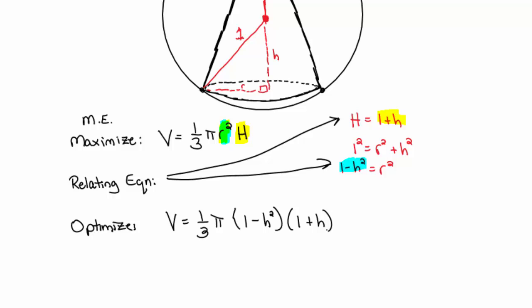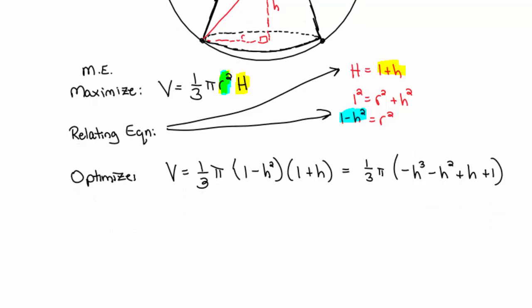And now notice there really are only two variables in this equation, a capital V, which we want to find the maximum of, and little h. And you can clean this up a little bit. This is the same thing as 1/3 pi, and you can distribute through all that stuff. If you do, you'll get a negative h cubed, minus h squared plus h, and then finally plus 1.